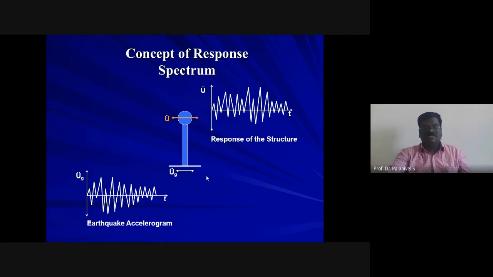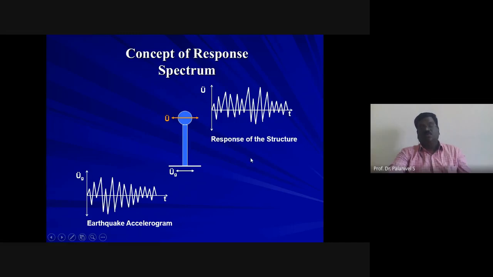Again I change its period, give the same time history and record its response. How do I change its period? By changing the stiffness and mass of this single degree oscillator. I can change its natural period Tn1, Tn2, Tn3, Tn4, like that, give the same time history, and record the response.